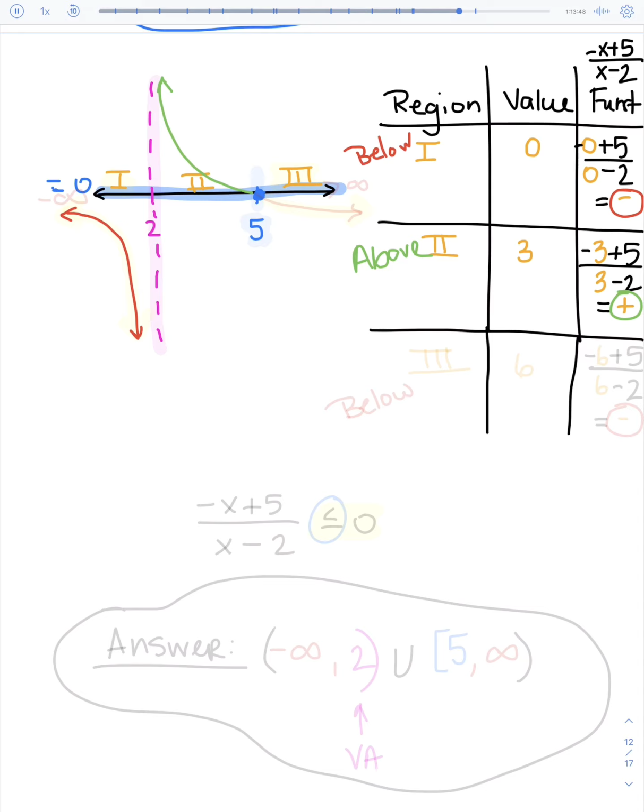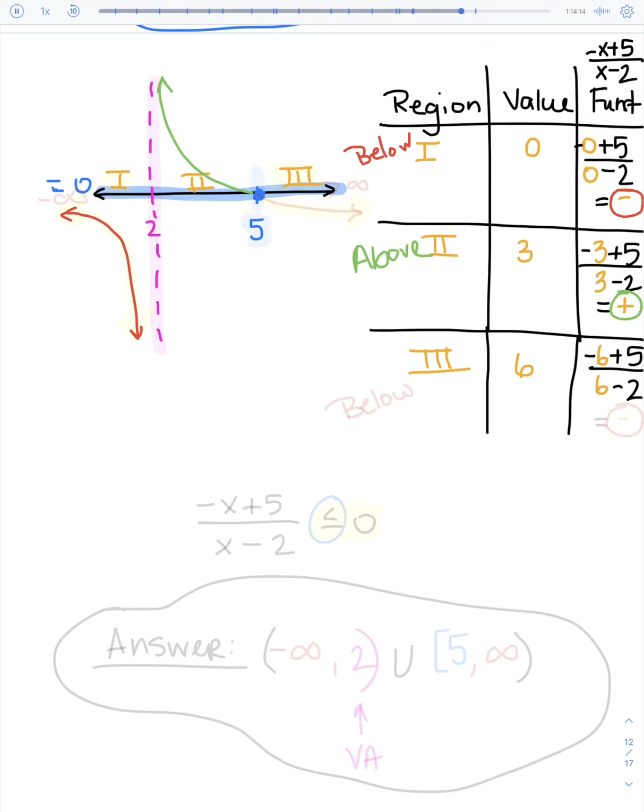One more region to look at, and that's going to be region 3, which is anything after 5. Let's use number 6 to plug in. And so we've got a negative, and then we'll have our 6 that's getting plugged in for x, plus 5 over, again, 6 gets plugged in for the x on the bottom too, minus 2.